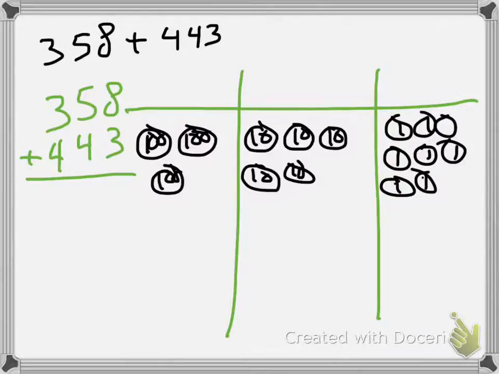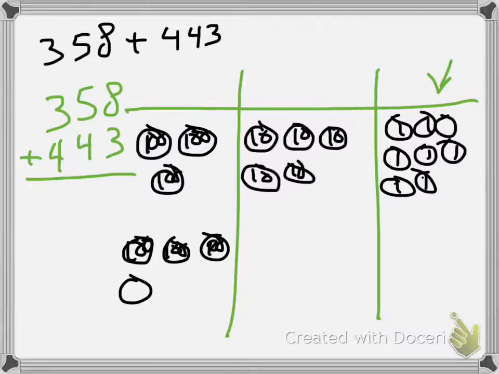Now ideally, if I had room, I would want to do these 5 across, just for easier counting, but I don't really have the room right now. So I've got 1, 2, 3, 400s. And 43.